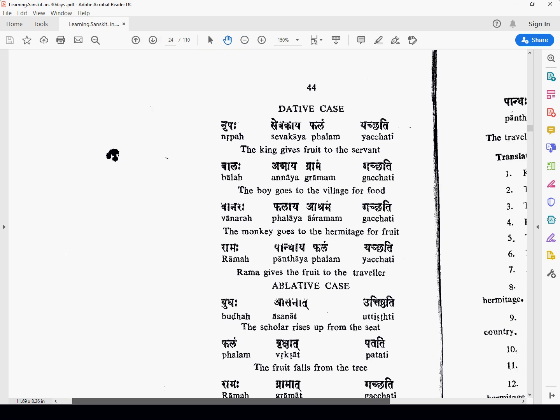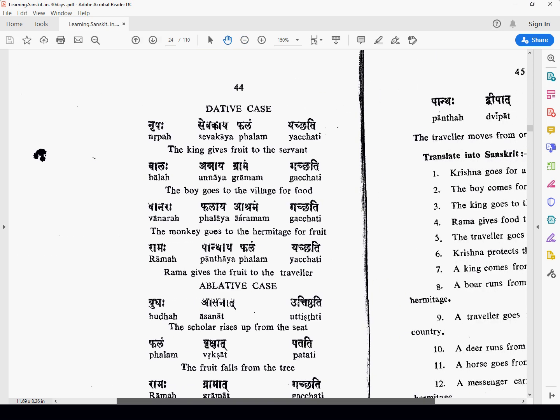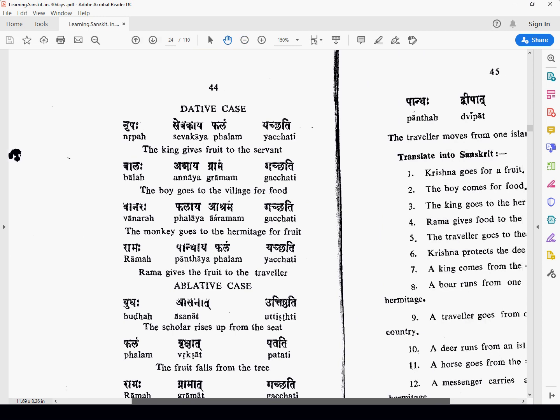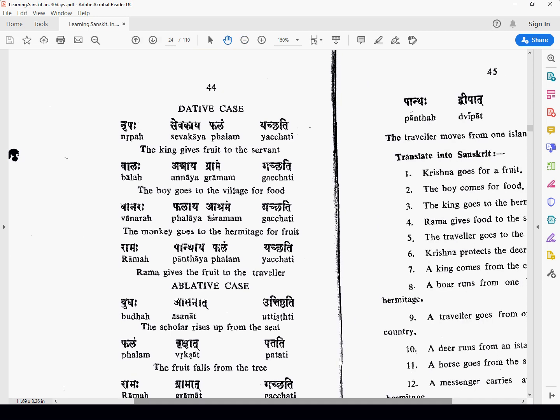So next on the list of our case endings, we looked at the Prathama, first case ending, which acts as a subject in a sentence, and the second case ending, Dvitiya Vibhakti, which acts as an object in a sentence. Tritiya, the third case ending, acts as an instrument or with help in a sentence.